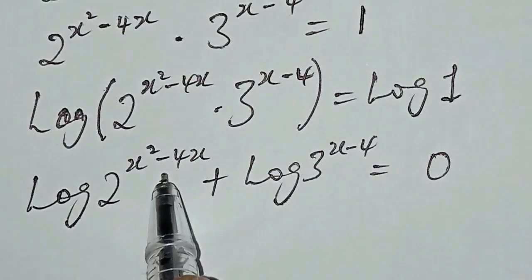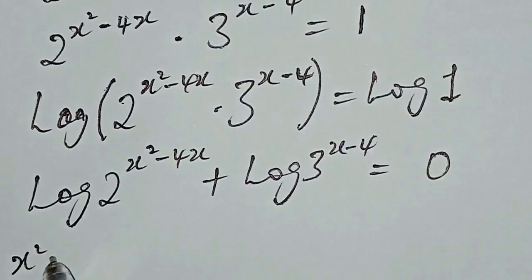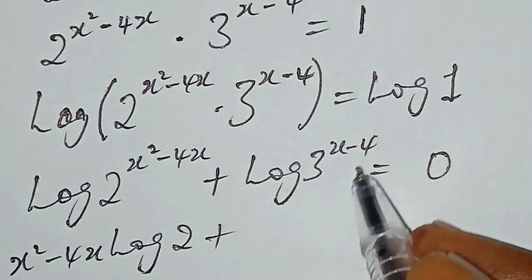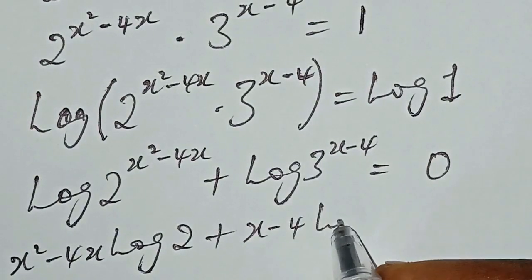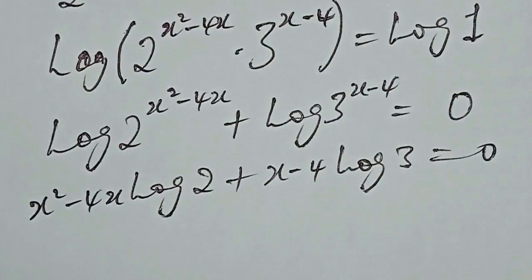And we can bring the whole of this down to the base. So we have x squared minus 4x, then we have log of 2 plus this comes down x minus 4 log of 3 all equal to 0.